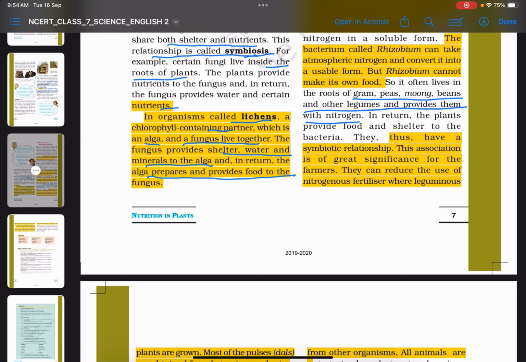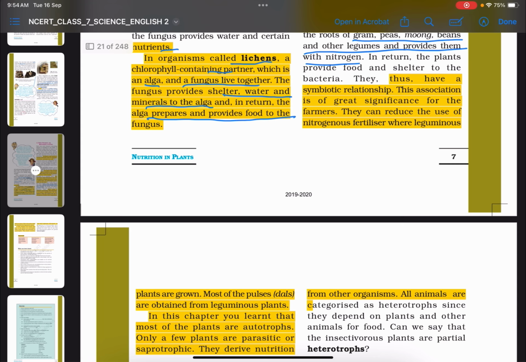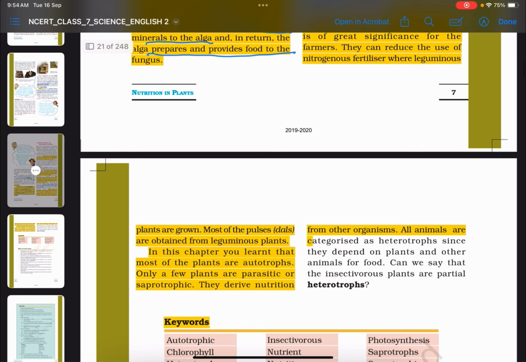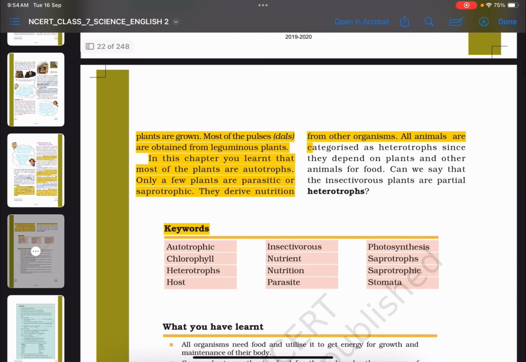In return, the plants provide food and shelter to the bacteria. They thus have a symbiotic relationship. This association is of great significance for the farmers. They can reduce the use of nitrogenous fertilizers where leguminous plants are grown. Most of the pulses, dals are obtained from leguminous plants.